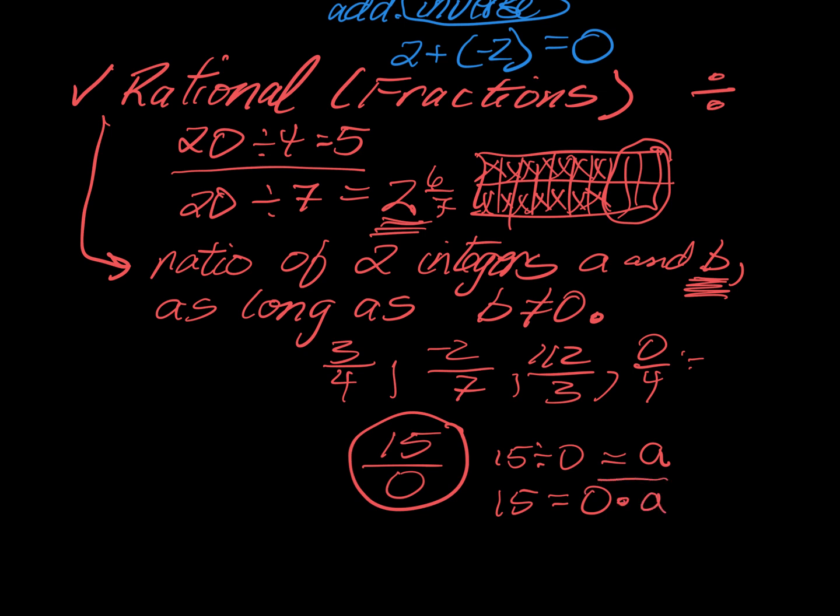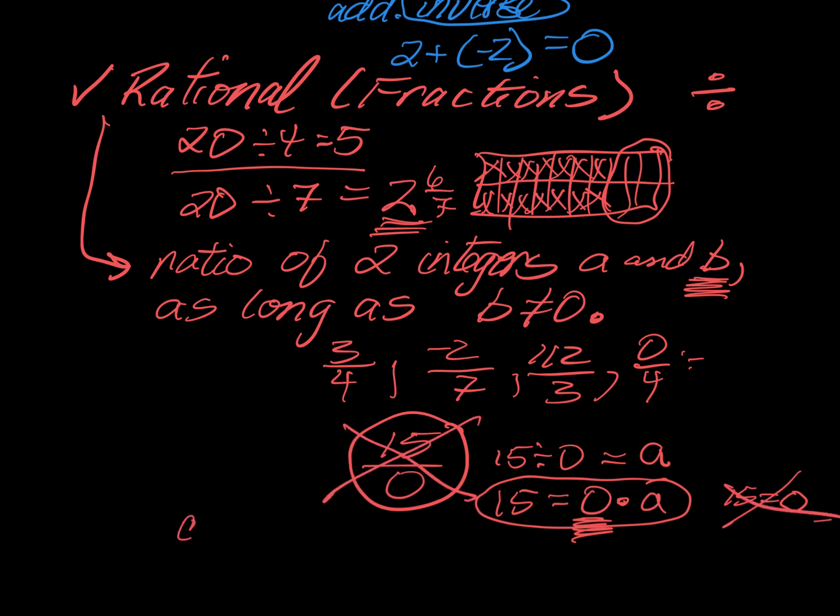But then this would mean that 15 would equal 0 times A. Do you remember writing these reverse mathematical sentences in maybe high school algebra or even elementary school? Well, what do we know about anything times 0? It's always 0. So what this is saying is that 15 equals 0, which is false. Therefore, you can't divide by 0.